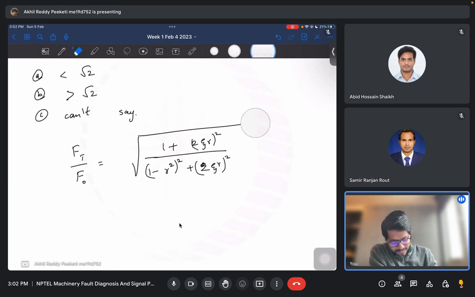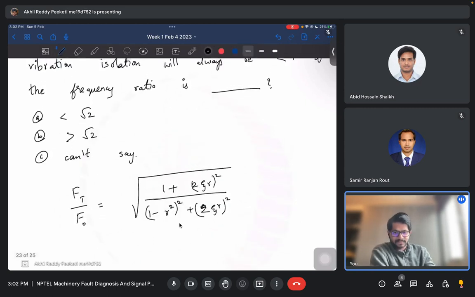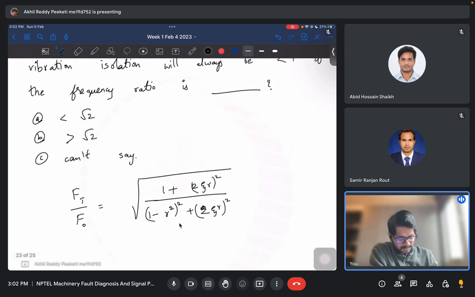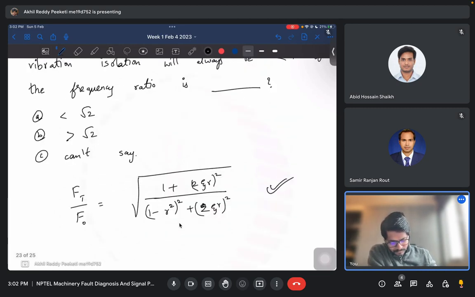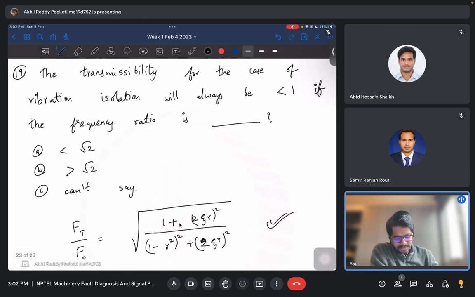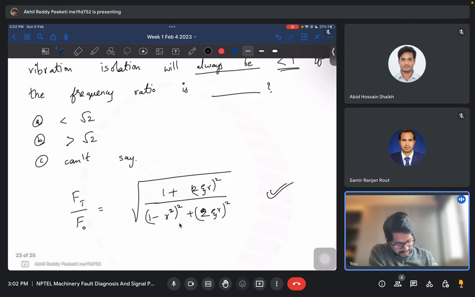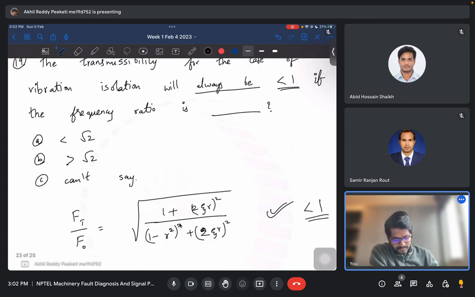If you know the damping factor and the frequency ratio, then you can actually estimate the transmissibility. But here they didn't say anything about the damping, they just wanted it always less than 1. So they want this transmissibility to be less than 1 always, for a given frequency ratio.